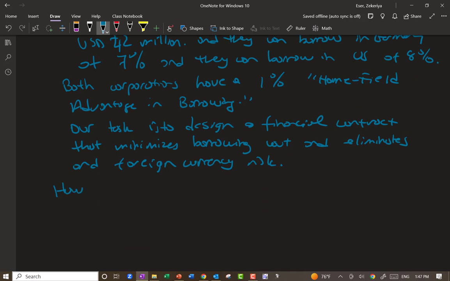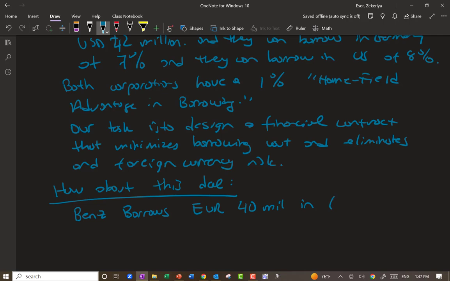So how about this deal? Benz borrows 40 million euros in Germany at 6%. Sends the money to the German subsidiary of Apple.